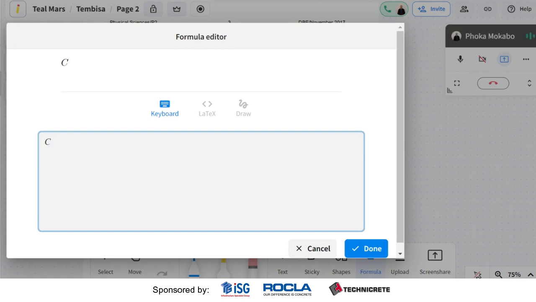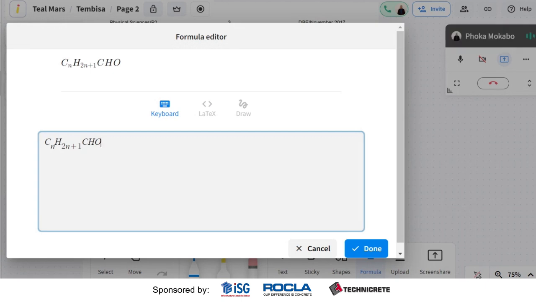And the general formula for an aldehyde is CnH2n+1 and CHO.